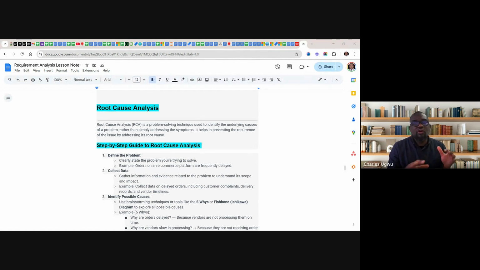Most of the time we solve problems at the surface, like you taking paracetamol. These are solving problems from the surface. You quickly rush to the nearby chemist, you buy medicine, you take it. Yeah, you might subside it for some time, like 2 weeks. After 2 weeks, you come back. So it means you are not solving any problem.